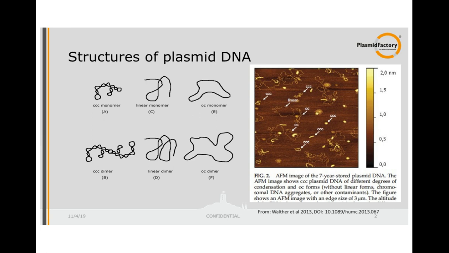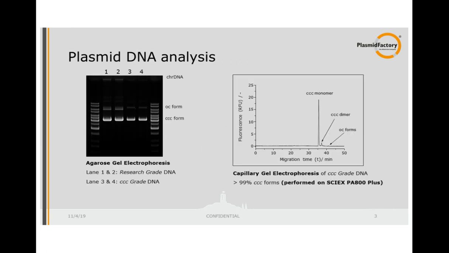I have an example with me on the next slide, which is the type of picture that we all know from lab work. On the left side, there is an agarose gel electrophoresis picture. There is a DNA marker on both sides, and there are lanes 1, 2, 3, and 4. It is interesting to have a look at lanes 1 and 2, where you can see a big band.